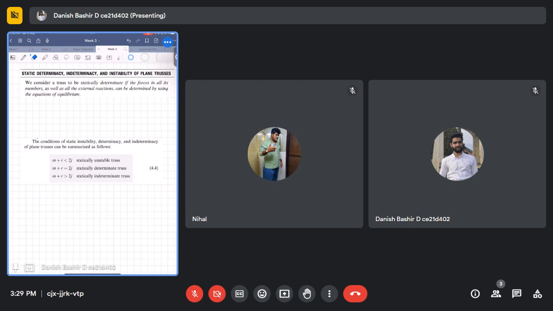In trusses, we have only two equations in 2D along x and y: summation Fx equals 0, summation Fy equals 0. But in frame structures we have an additional equation, summation Mz equals 0, because frames are capable of taking bending moment also.